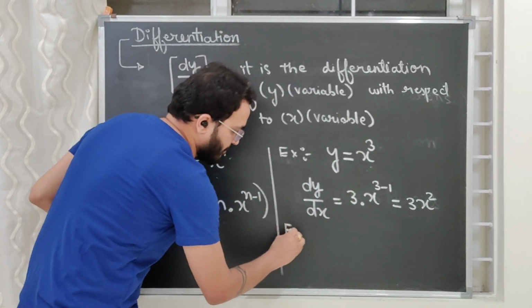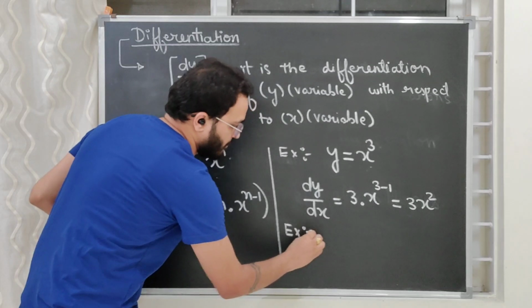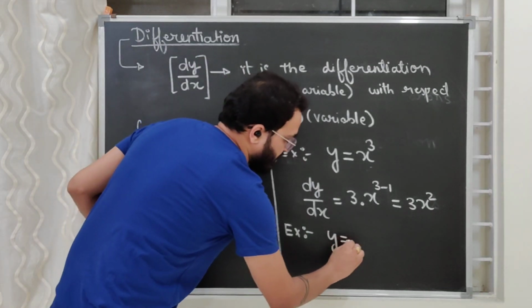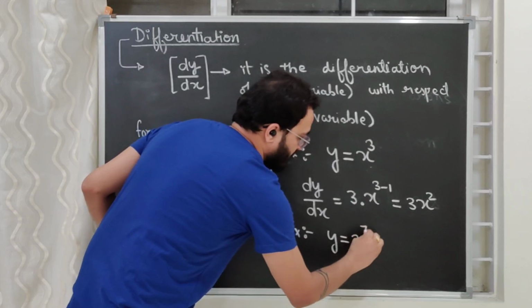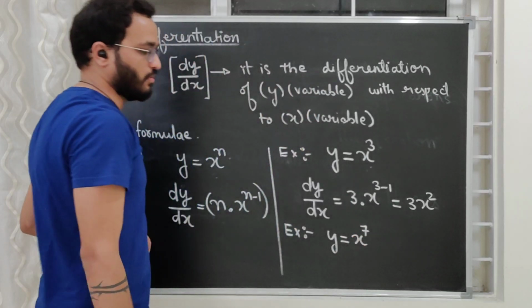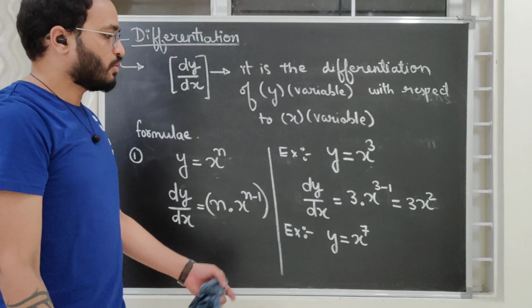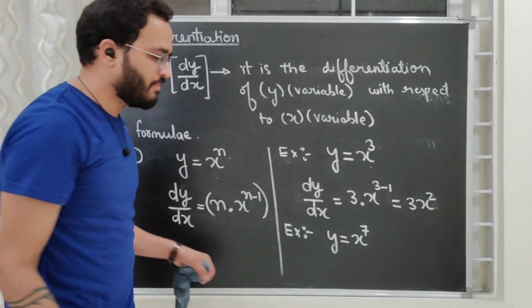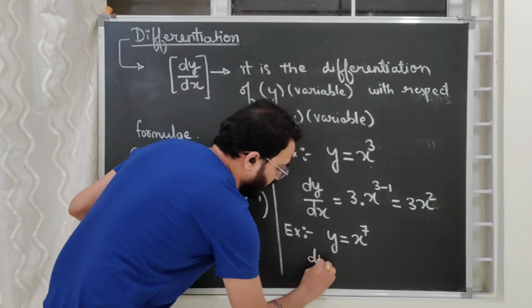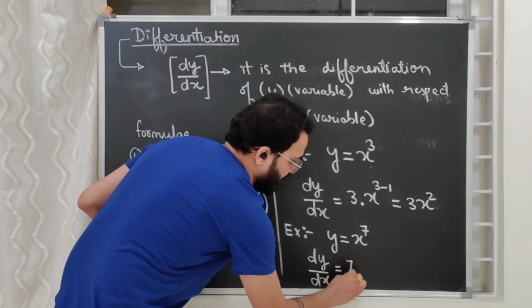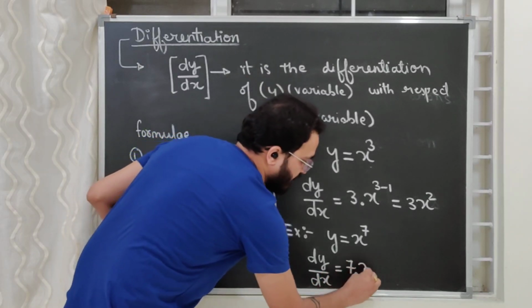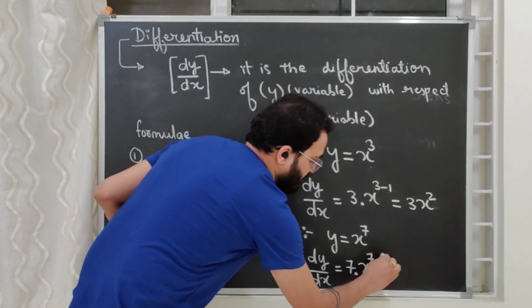Now let's take another example. So y is equal to, suppose, x to the power 7. Suppose this is another example. So you will say, sir, no problem, what is dy by dx? You will write, 7 will be brought to the coefficient and to the power 7 minus 1.